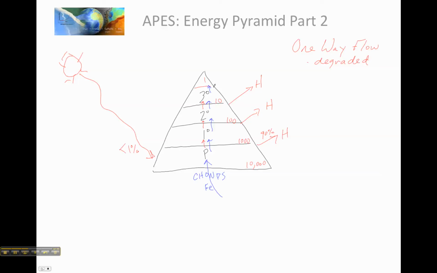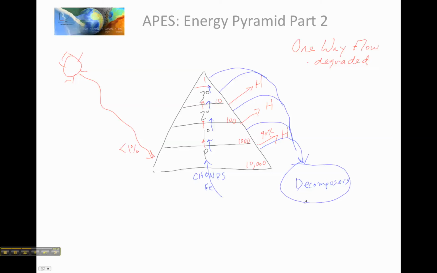This is the pyramid of energy, but you guys know that leaves fall off of trees and decompose. Animals die. Everything gets recycled in nature by way of a group of organisms known as decomposers.